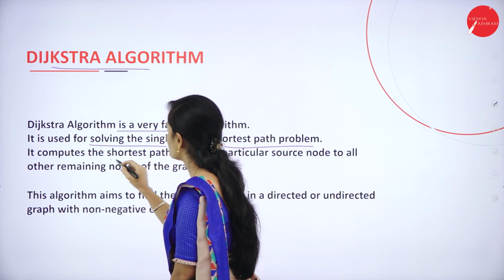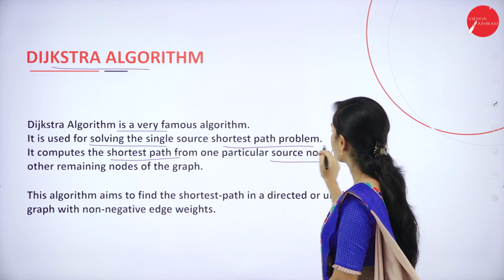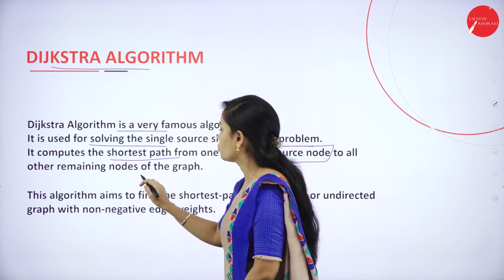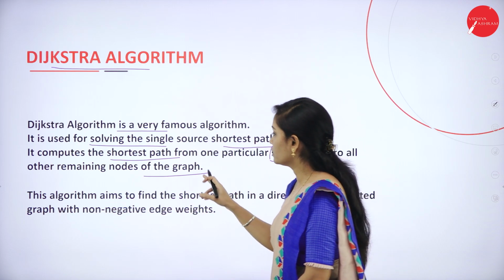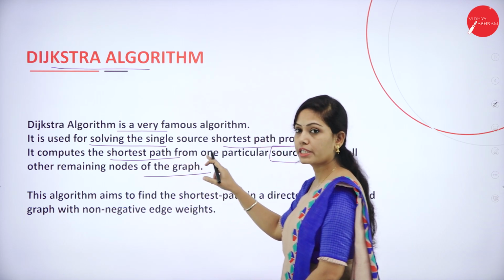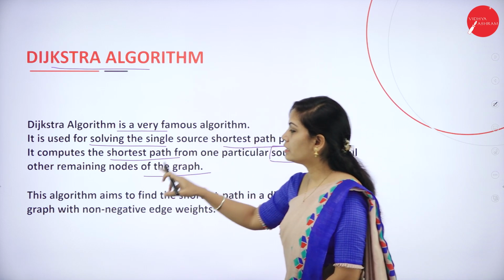It computes the shortest path from one particular source node to all other remaining nodes of the graph. Listen carefully. We use Dijkstra's algorithm for finding the shortest path from one particular source node to all other remaining nodes.